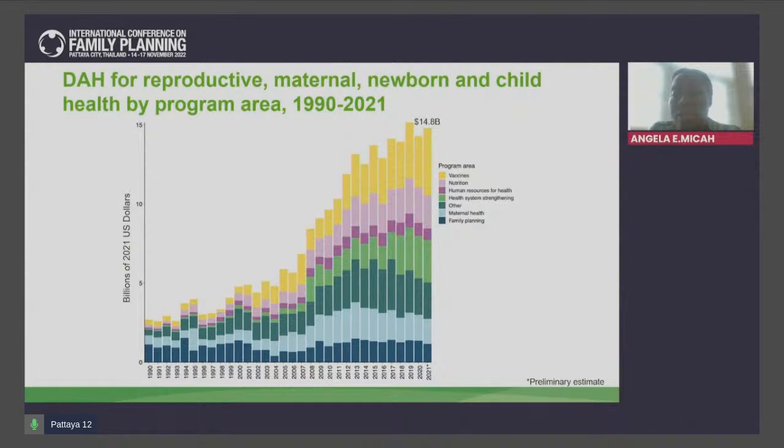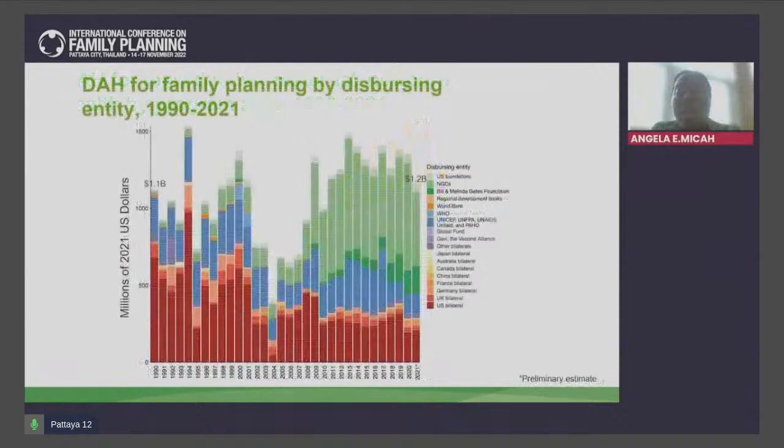The stacked bar here shows that in aggregate, a total of 14.8 billion has been contributed towards reproductive, maternal, newborn, and child health, with the blue bars at the very bottom highlighting how much has been put towards family planning per se.